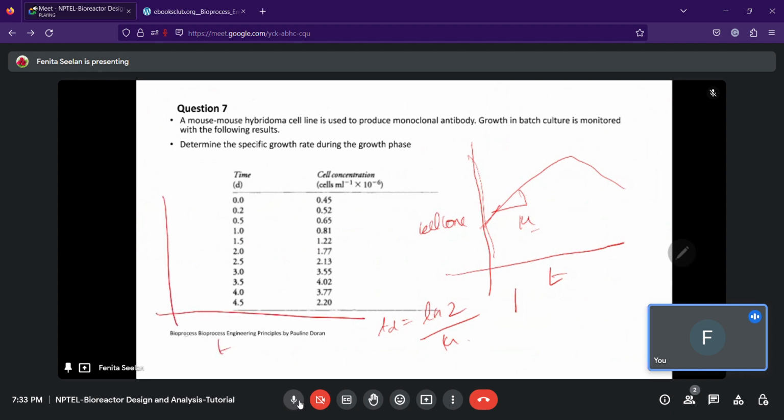For time we will write 0, 0.5, 1, 1.5, 2.